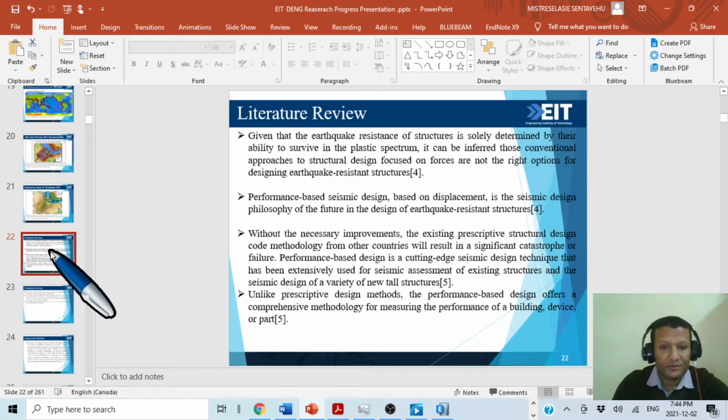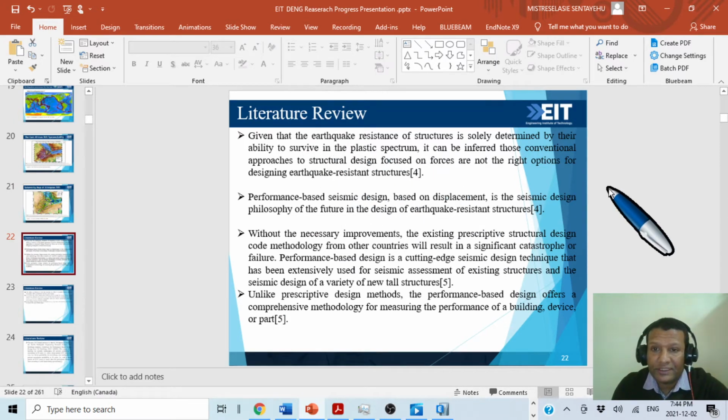Okay, let's continue. Given that the earthquake resistance of a structure is solely determined by its ability to survive in the plastic spectrum, it can be inferred that the conventional approach to structural design focused on force is not the right option.